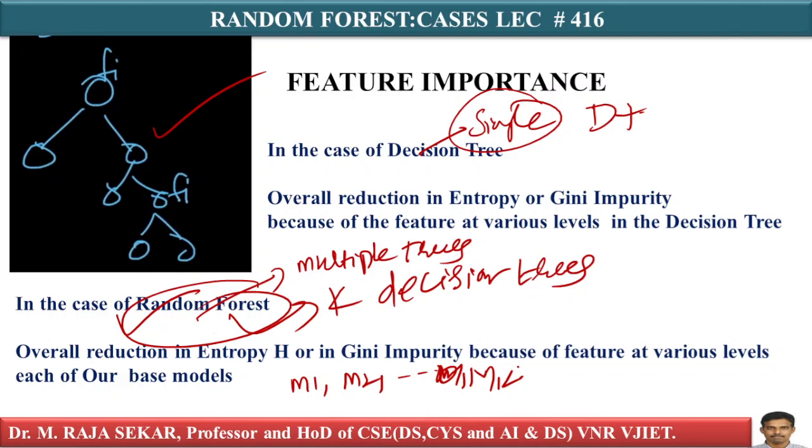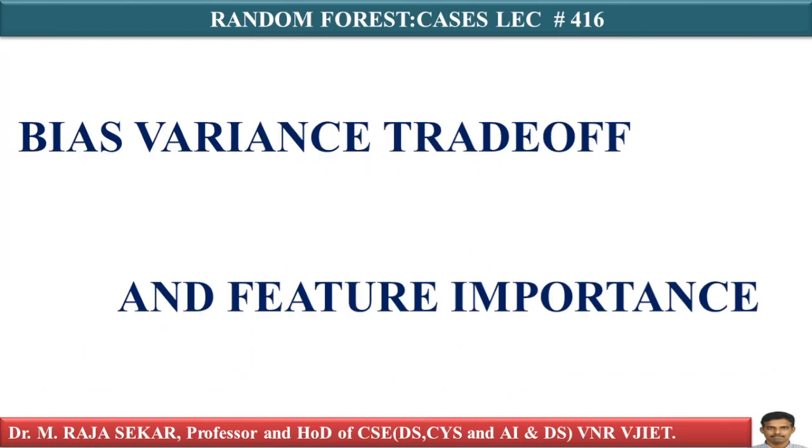By the way, random forest does not work very well, especially when you have categorical features with many categories, and especially when you do one hot encoding. This is similar to decision trees. So when you have extremely large dimension, random forest has very similar properties to decision tree, except in the case of bias variance trade-off and feature importance.